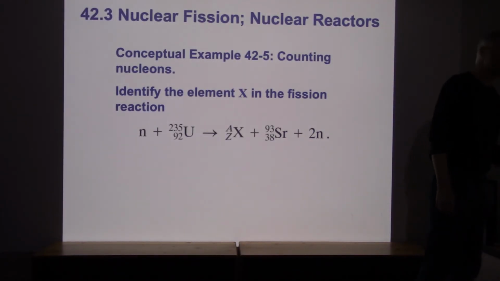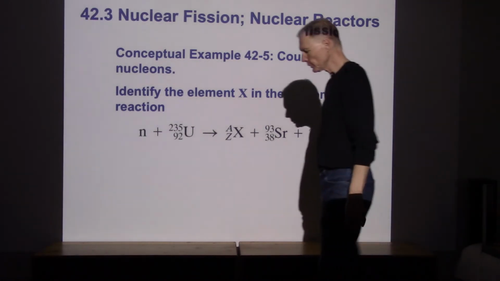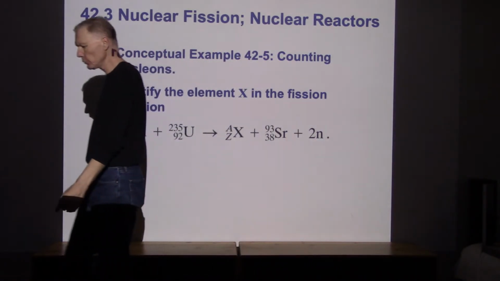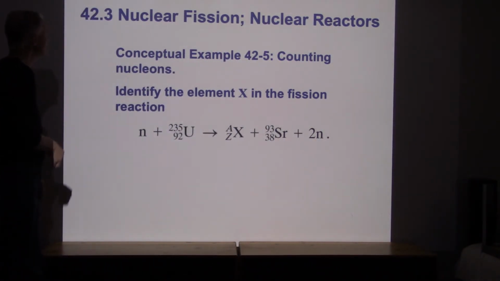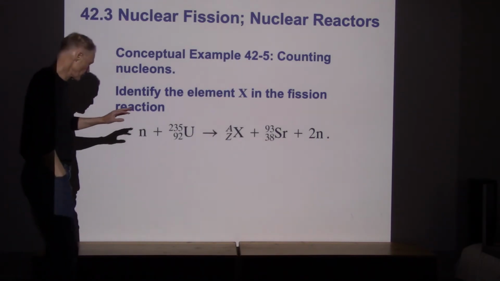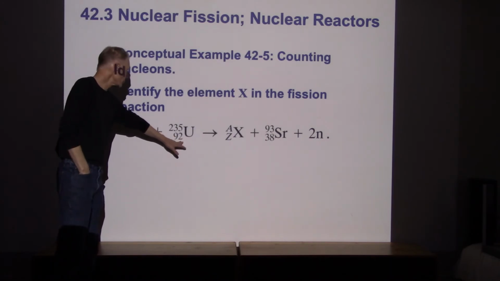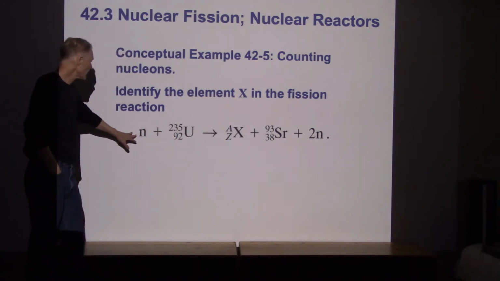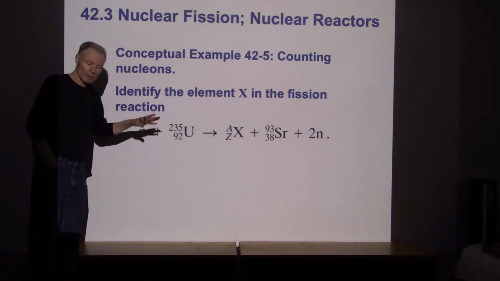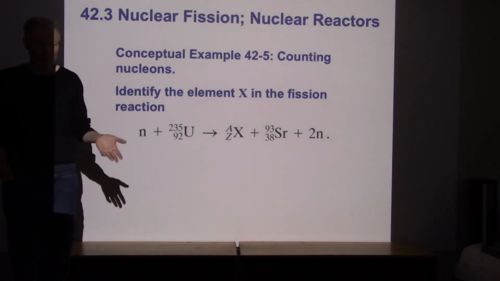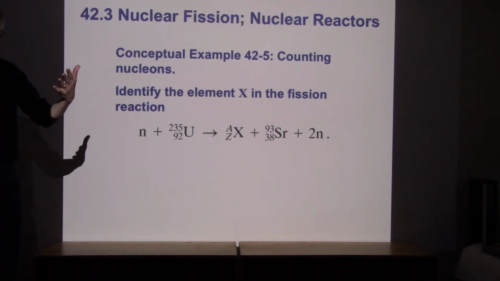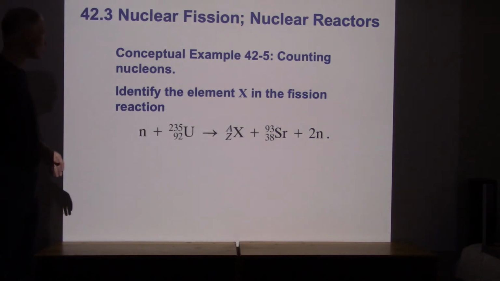So here's an example of a nuclear fission reaction. In the reaction that we have right here, what we're doing is we're starting with uranium-235. We're bringing a neutron in. Again, the neutron's not going to experience any electric repulsion, and so a neutron can easily find its way to the nucleus.